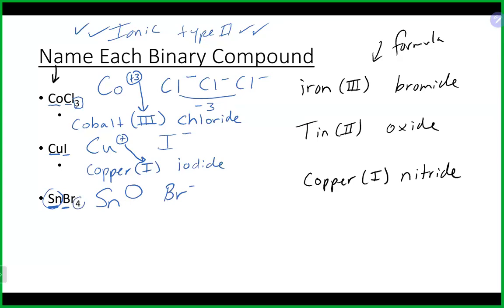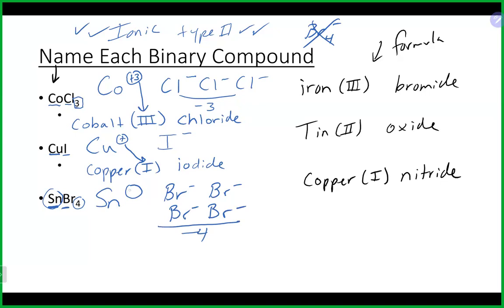Once again, the 4 means that we have 4 of those. By the way, the 4 does not mean we have this. There is no such thing as that, yes? So again, the 4 in that formula means we have 4 individual Br minus ions. Because we have 4 of those, just adding that up gives us a grand total of -4.